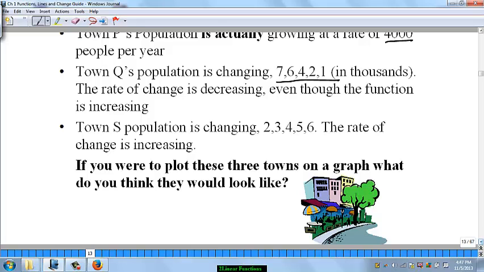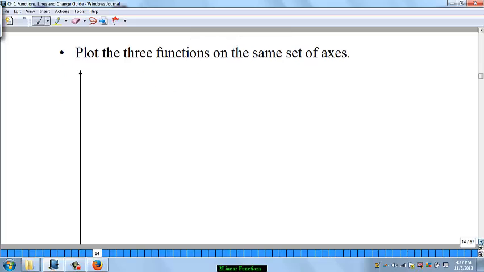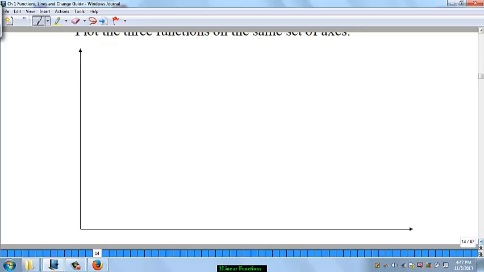Now here it says if you were going to plot these three towns on a graph, what do you think they would look like? So I'm going to just do a quick sketch. So again, this is time down here. So we're going to start here, 1980, and then we're going to go all the way to 1985.